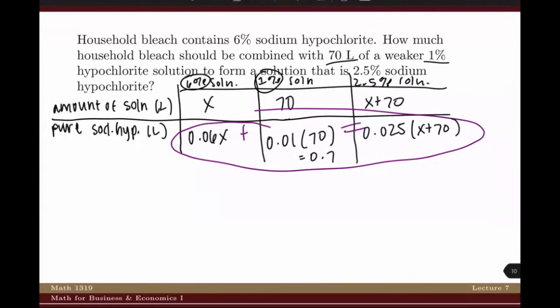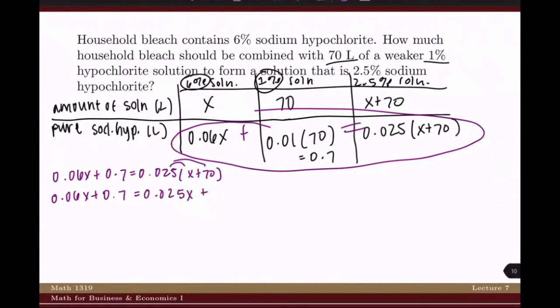Adding across, I'll have 0.06x plus 0.7 equals 0.025 times x plus 70. Next, I will distribute this 0.025. So I'll have 0.06x plus 0.7 equals 0.025x plus 1.75.